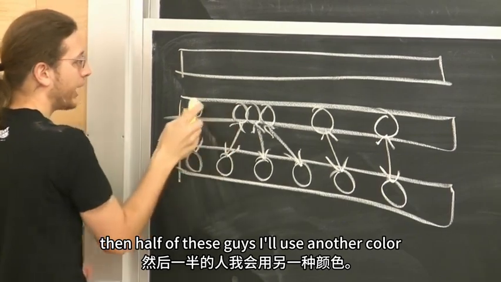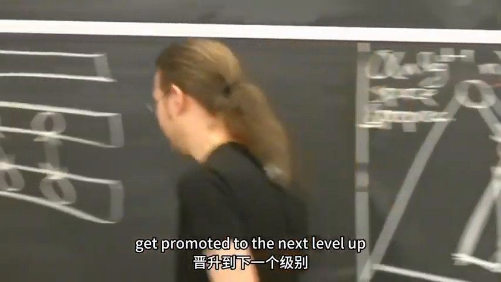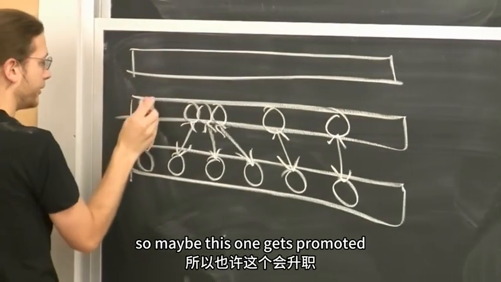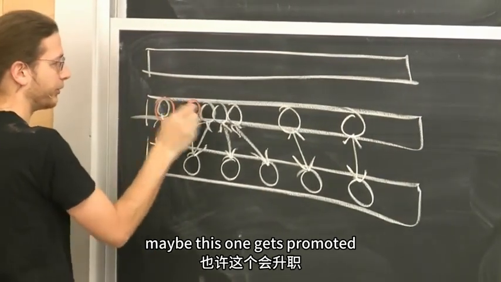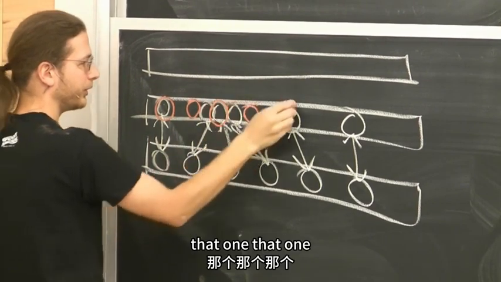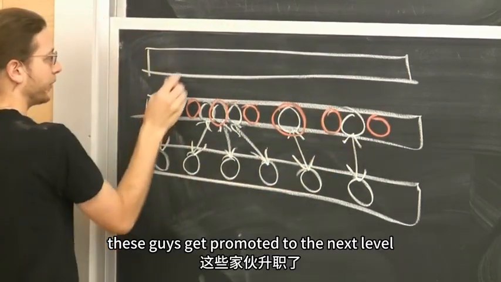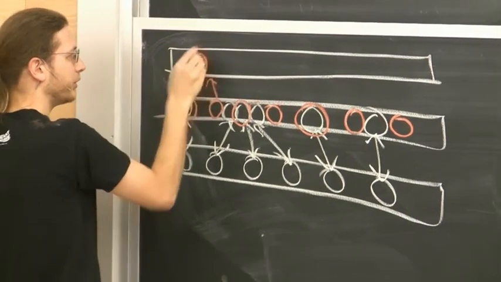Then half of these guys, maybe I'll use another color, get promoted to the next level up. So maybe this one gets promoted, maybe this one gets promoted. I guess half, it would be that one, that one, that one, that one, that one. These guys get promoted to the next level.